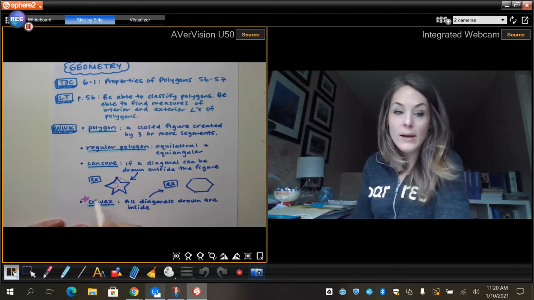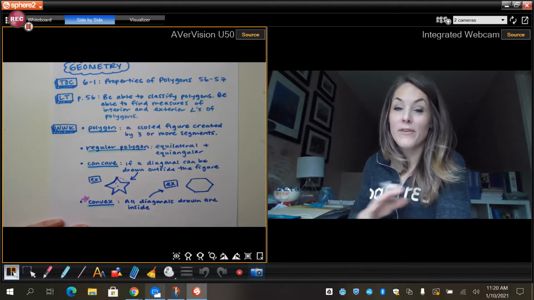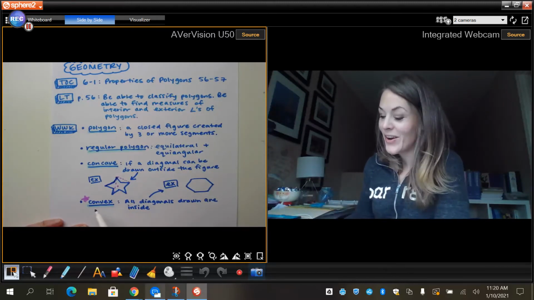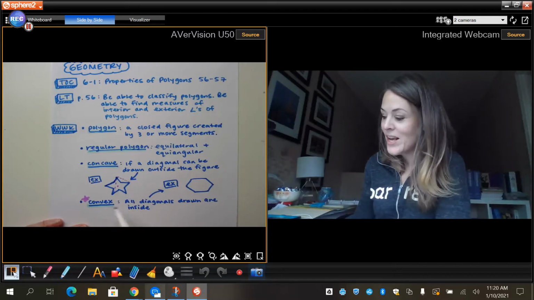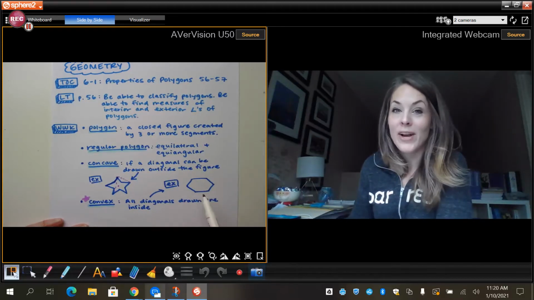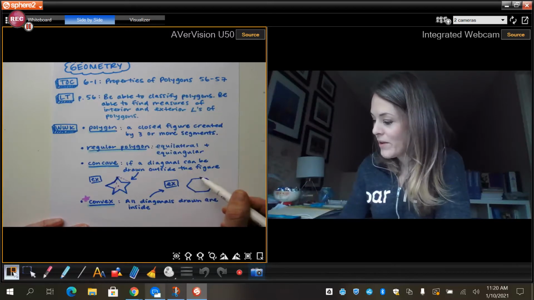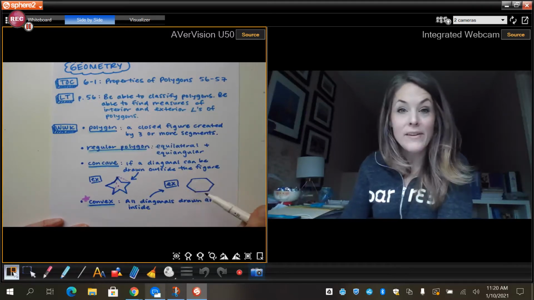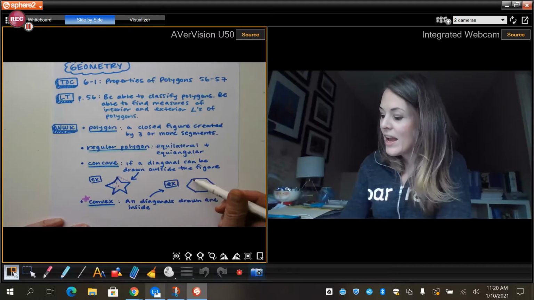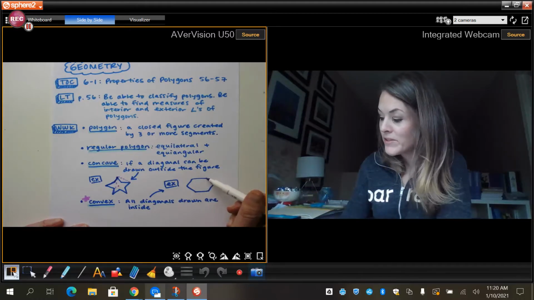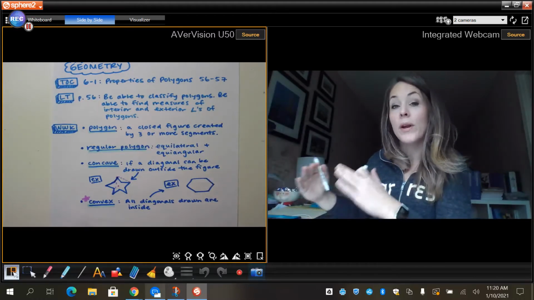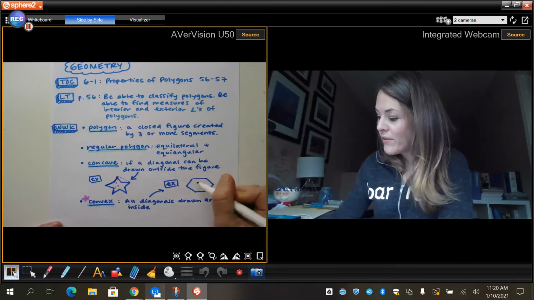All right, so the ones that we are going to focus on for all of the things in this next unit are convex polygons. So those are the shapes that you know, triangle, rectangle. So here we have a 1, 2, 3, 4, 5, 6-sided figure, so that's a hexagon, and it is convex because all of those vertices point outward, but also every single diagonal.